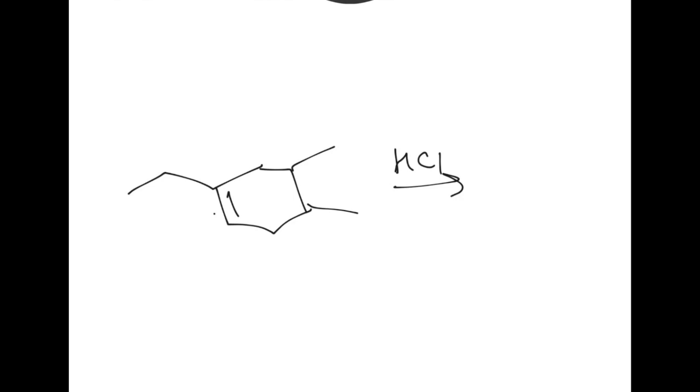Well, I know Markovnikov's rule. I know that when I add HCl to a double bond, I add a hydrogen to one side, chlorine to the other. Markovnikov's rule tells me which side the hydrogen and chlorine go on. I can know what this product is, even though I've never seen this exact reaction before.